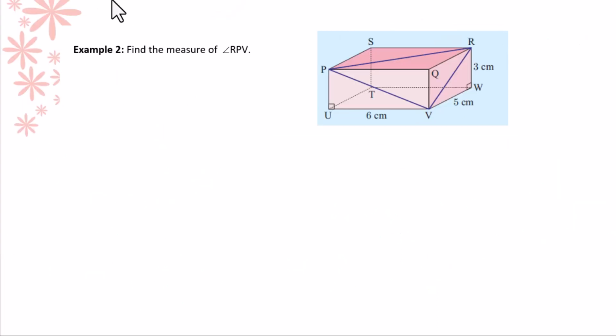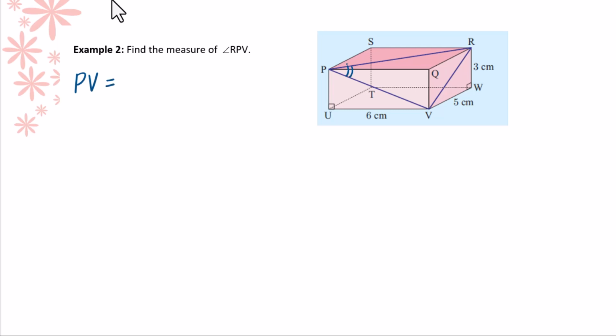Example 2. Find the measure of angle RPV. RPV is this. Since we are given the length, width, and height of this rectangular box, we can figure out PV, VR, and PR by the Pythagorean theorem.